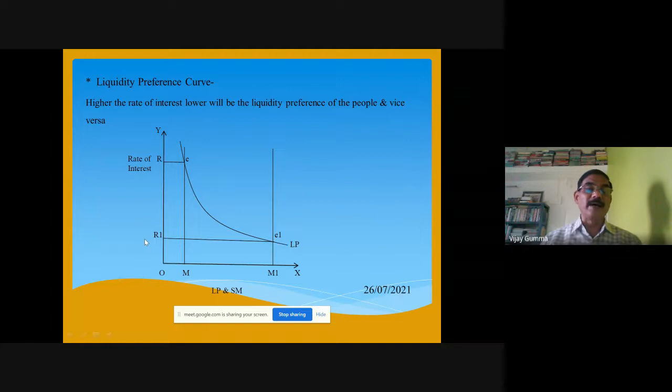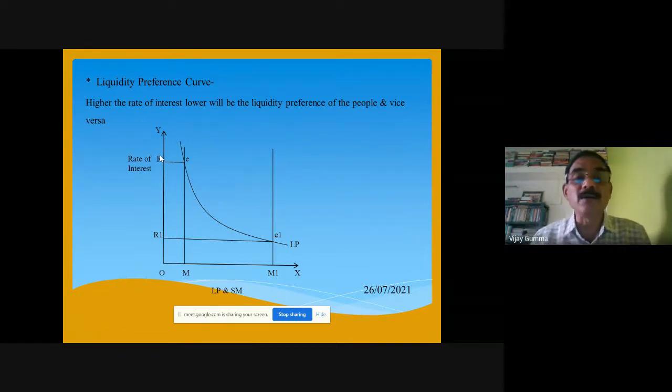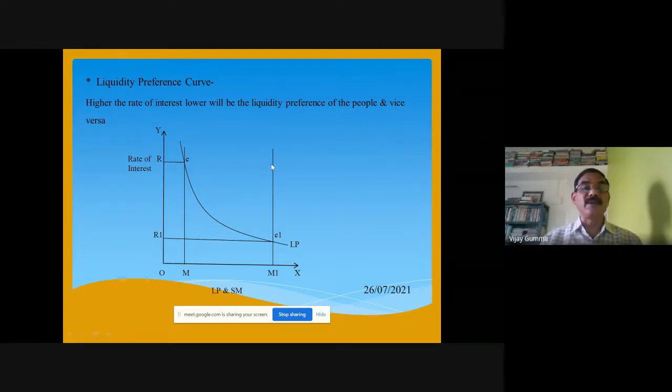On the contrary, while the liquidity preference of the people remains constant, when the supply of money decreases from OM1 to OM, the rate of interest increases from OR1 to OR. In short, rate of interest is determined by the equality between the demand for and supply of money. In this figure, there is only one liquidity preference curve, that is demand for money curve, and there are two supply of money curves.